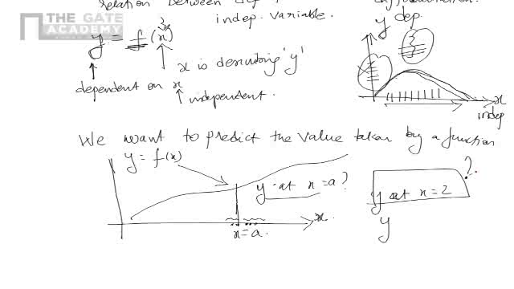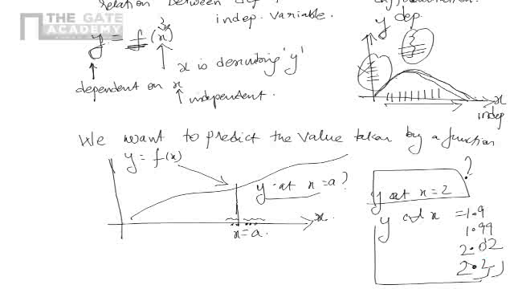Let us say that I know what is y at x equal to, say 1.9, 1.99, 2.02, 2.2, like this. I know the values of y at these points.